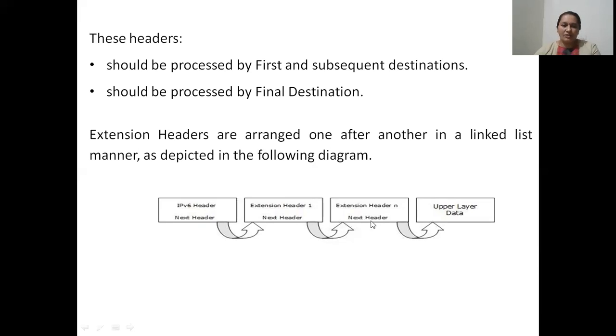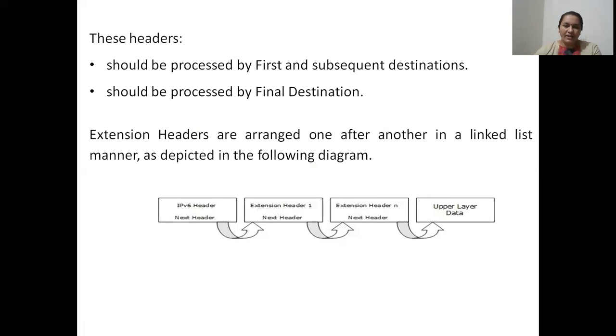The extension headers are arranged in a linked list manner as shown in this figure. The IPv6 header will be placed first. The next header field of IPv6 header will contain the extension header 1 address. The extension header 1 will have a next header field which contains the address of the extension header 2.